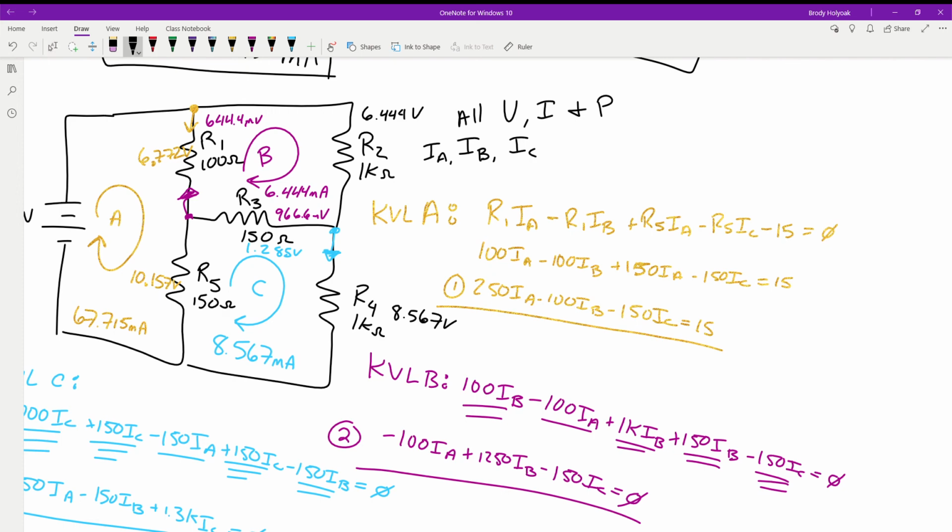Then the last one we have is R5 and the voltage induced by current C. So we have 150 ohms, multiply it by the 8.567 milliamps, and we get 1.285 volts.